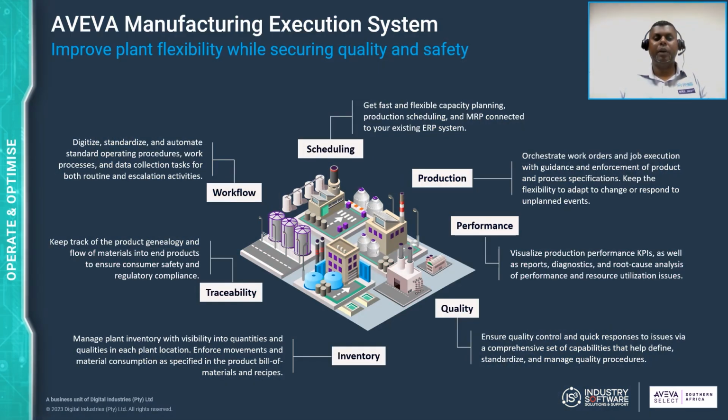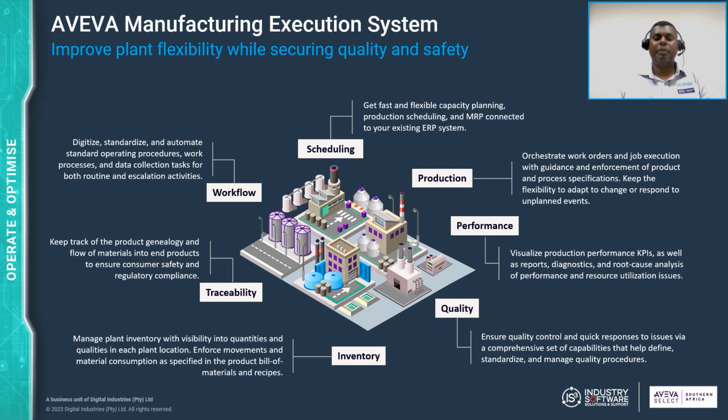In this slide, we look at how AVEVA Manufacturing Execution System helps to improve plant flexibility while securing quality and safety. We can get fast and flexible capacity planning, production scheduling, and MRP connected to our existing ERP systems. We can orchestrate work orders and job execution with guidance and enforcement of product and process specifications, keep the flexibility to adapt to change or respond to unplanned events.